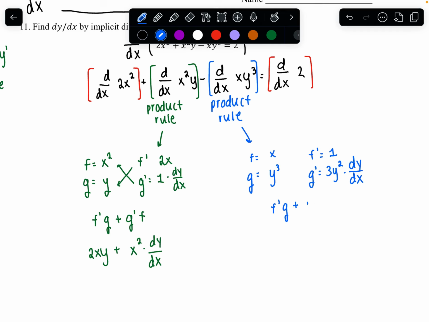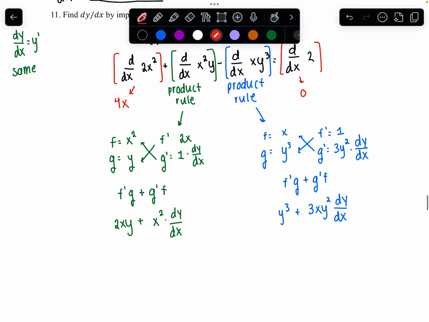All right, so we need to do f prime g plus g prime f again. So we'll have 1 times y cubed, which is y cubed, plus this times that. It doesn't matter which order you write this multiplication in. I'm going to do 3xy squared dy dx. Okay, and earlier we said this derivative was 4x, and we said this was 0.